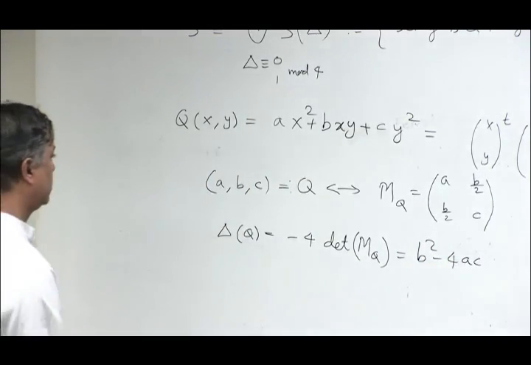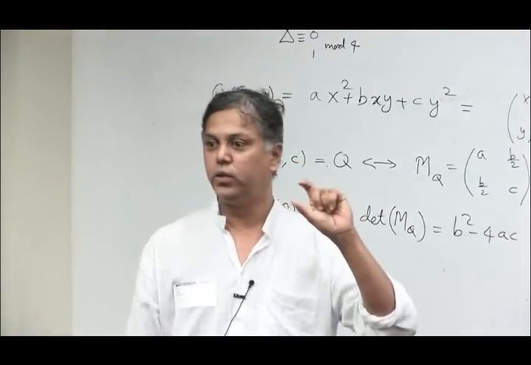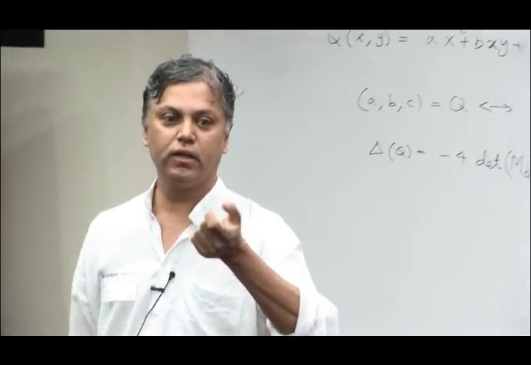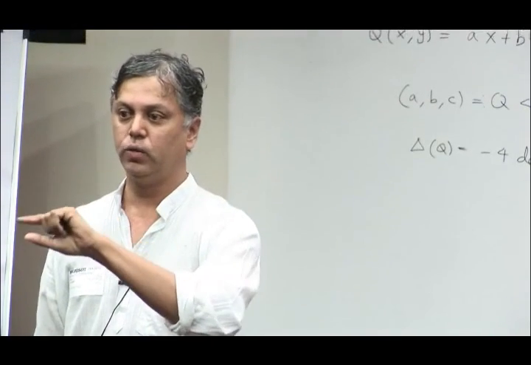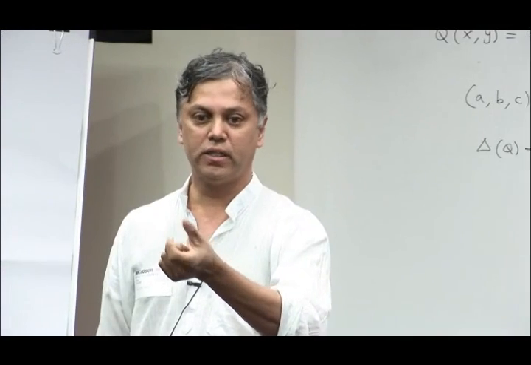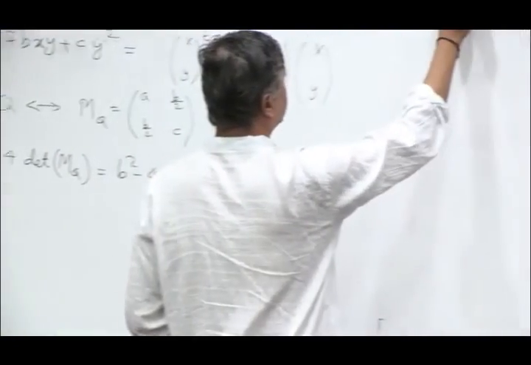And now why is this good? I introduce a way of calling two quadratic forms equivalent, if there is a way of going from one quadratic form to another quadratic form by some linear transformation. Okay, and why is that linear transformation useful? Maybe I'll just do it by example.